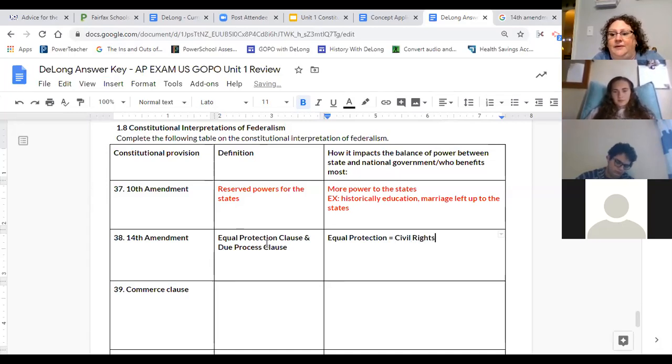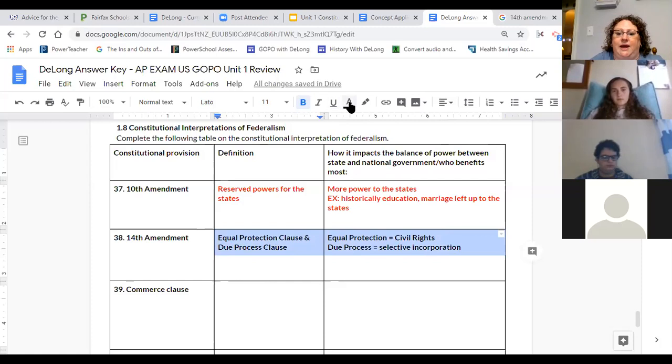And through the due process clause, this is where we got selective incorporation we were just talking about. So 14th Amendment, massively important. One of those big ones we got to know.